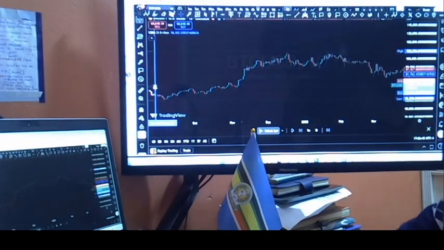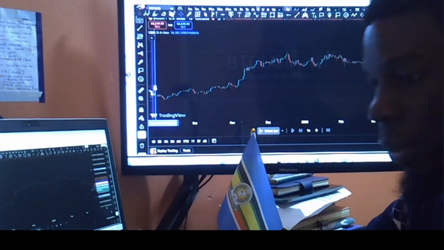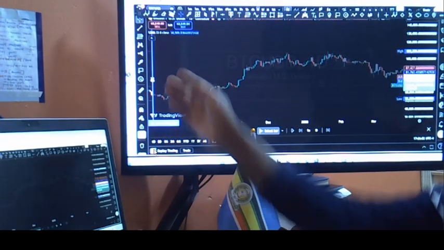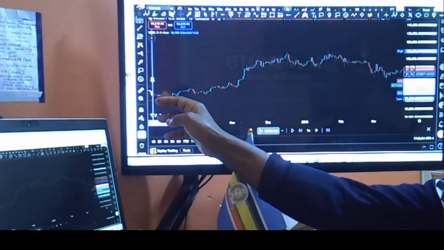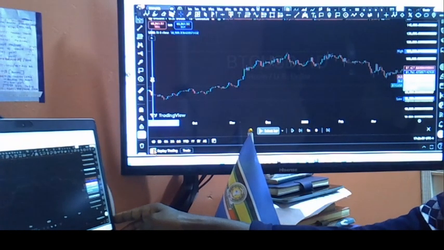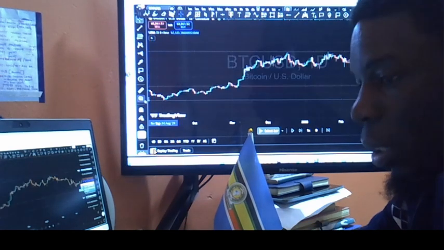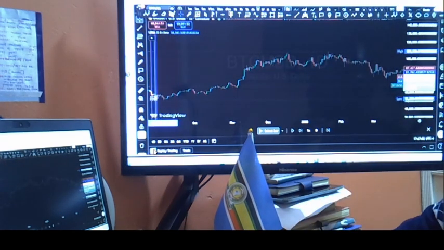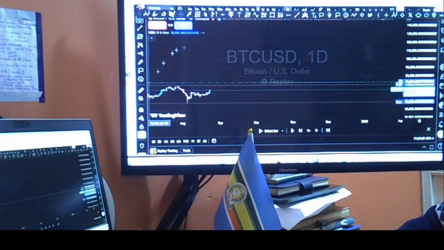Now when we continue with this, this is where we are going to backtest this strategy. Just click on it like this. So the market is here. When you click there, this has to come to the center.